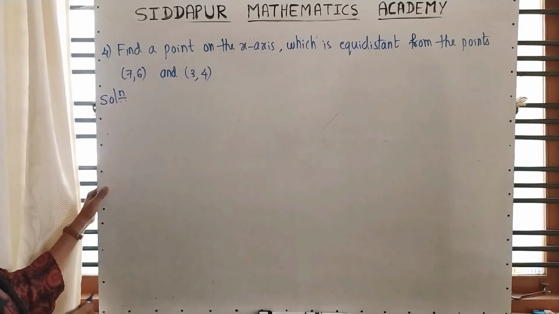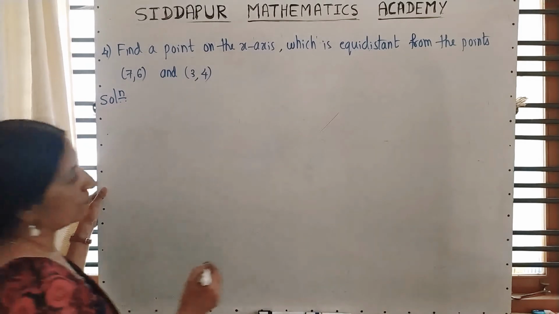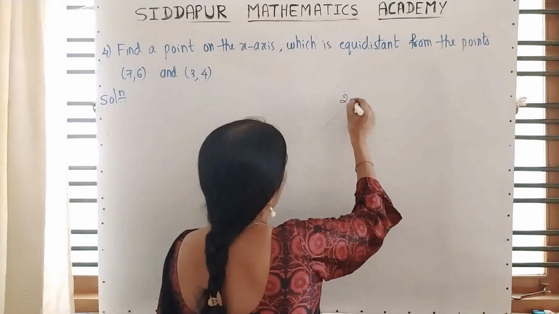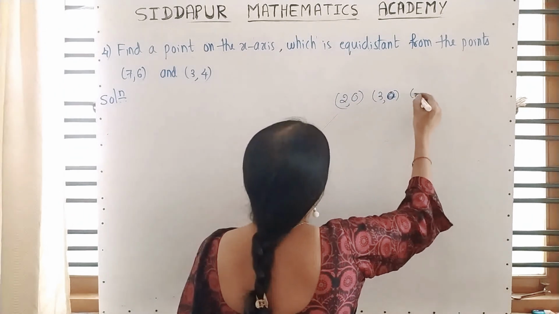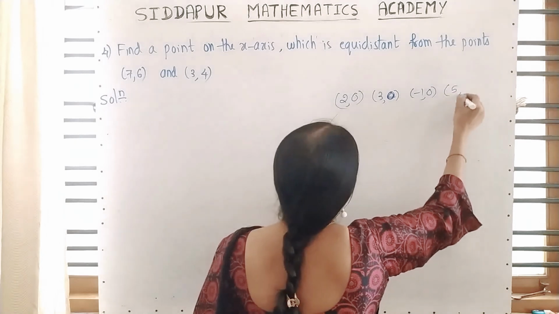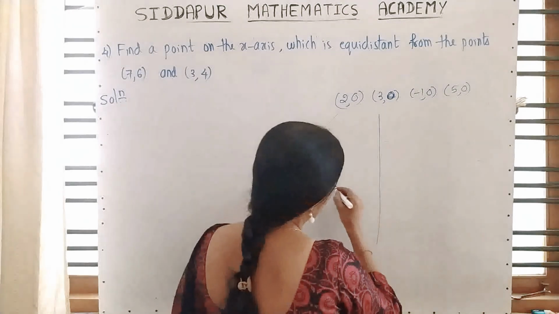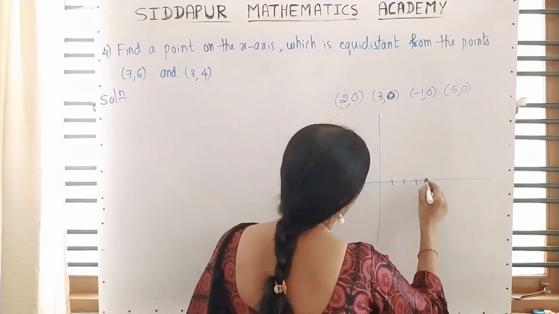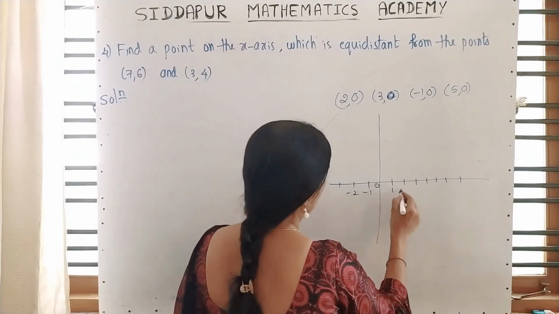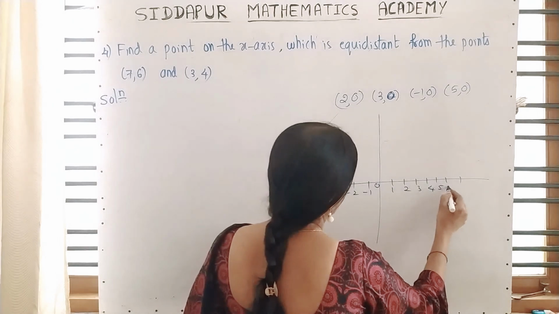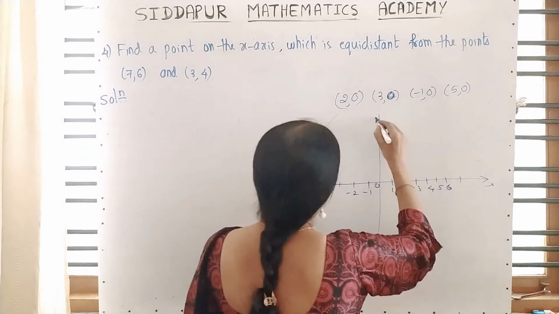Moving to the next example, find a point on the x-axis. See, if I give mark a point 2, 0, 3, 0, minus 1, 0, 5, 0, how you will mark? See, this is x-axis, this is y-axis.